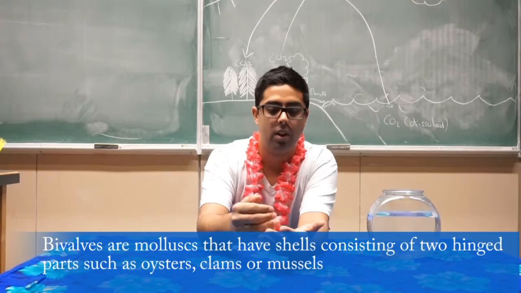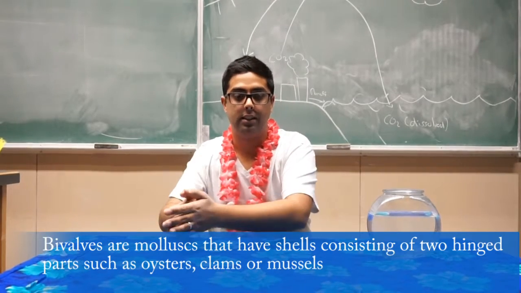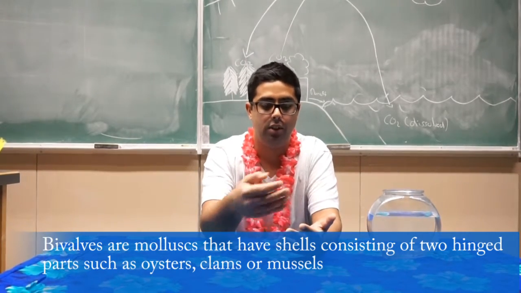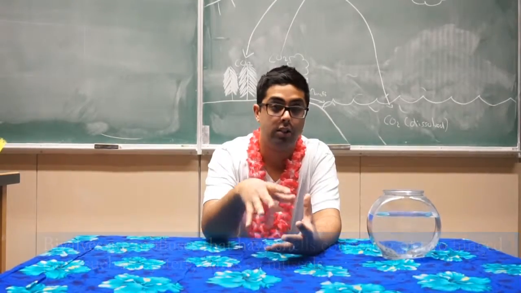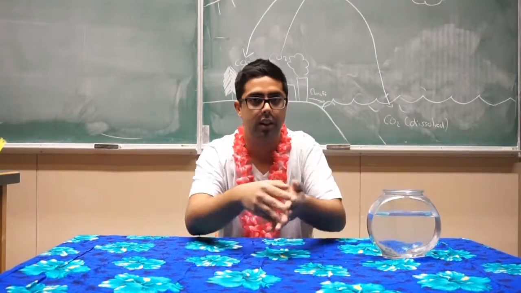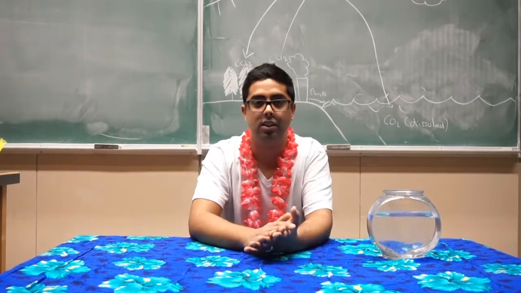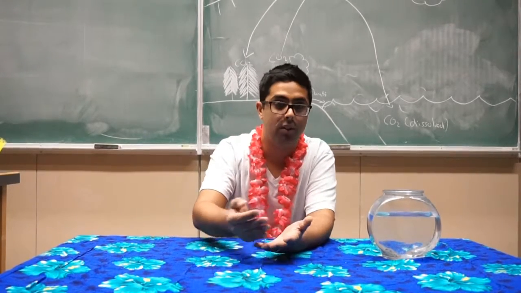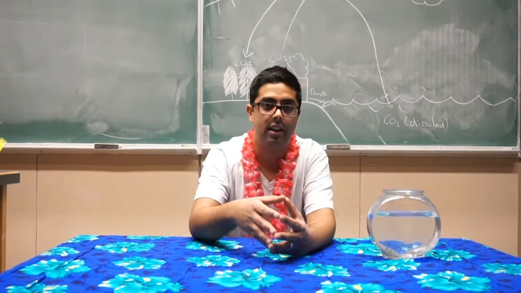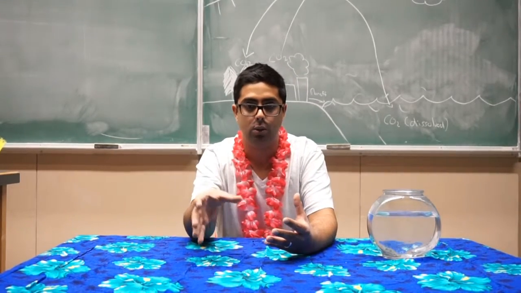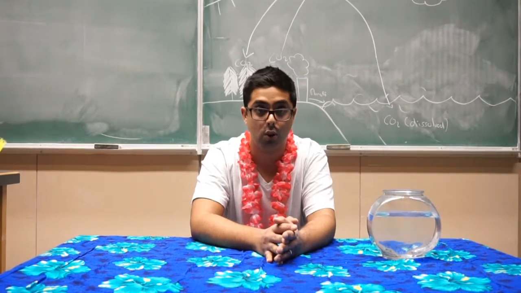Bivalves, with a growing amount of acid in the oceans, have fewer calcium carbonate ions available to them for growing their shells. They'll have thinner shells, which is going to increase their likelihood of getting preyed upon, and they are less likely to grow towards maturity and therefore reproduce. So they're inhibited that way, and there's also evidence showing that more acidic oceans are going to be detrimental to the coral reefs.